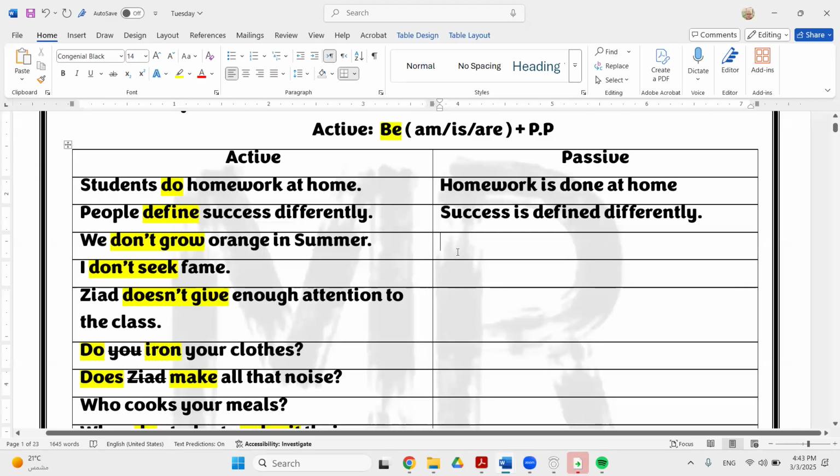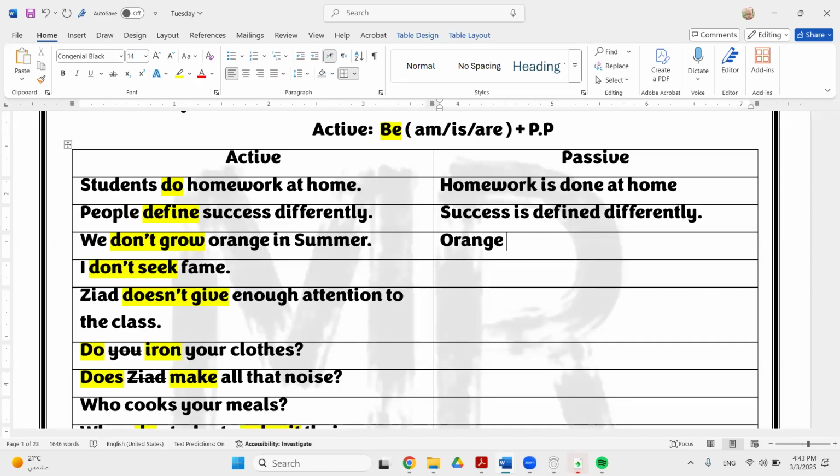Yeah, start with orange. Okay, as you like. If you would like to use never, okay. If you would like to use not, orange never grow in summer. Yeah, orange never what? Growing in summer.